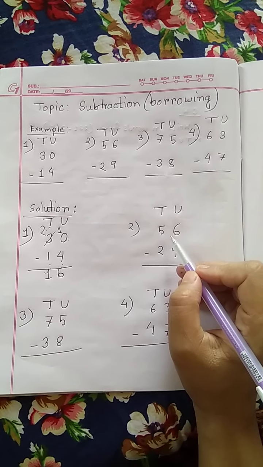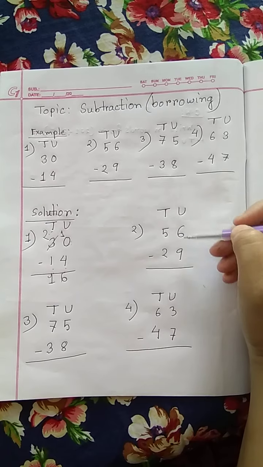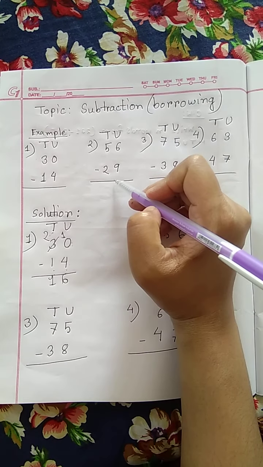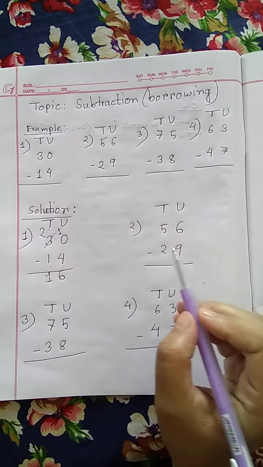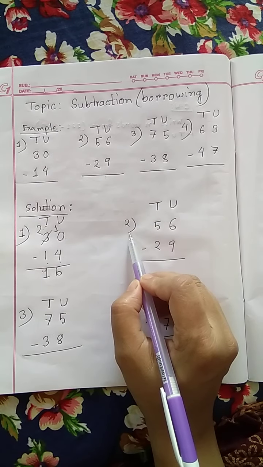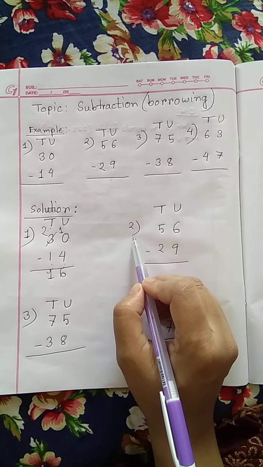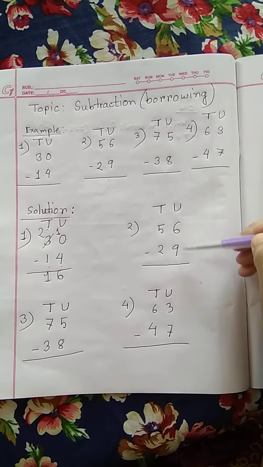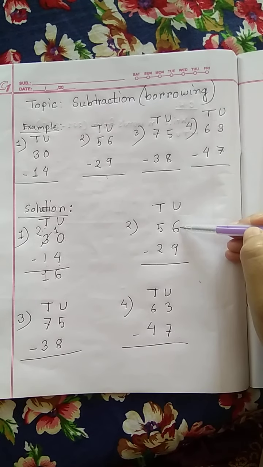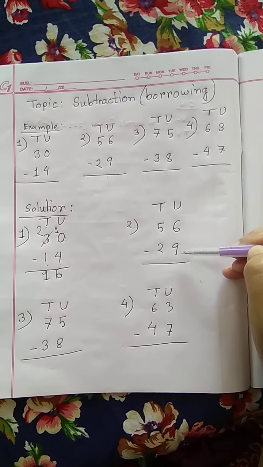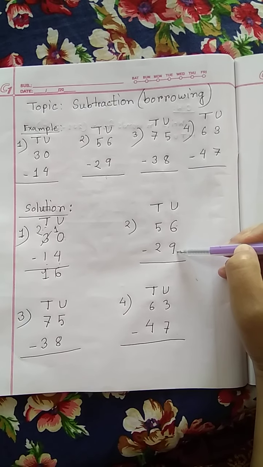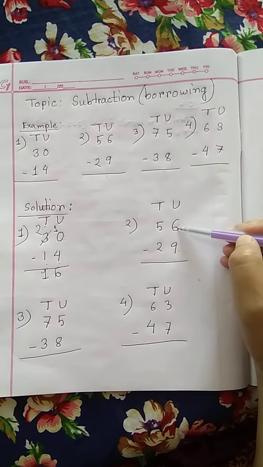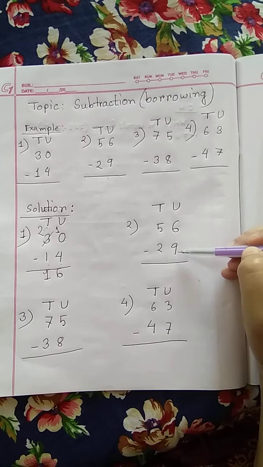Here is again the same math I have copied from here, number 2. Okay, let's do it. First, the units part. See, here is 6 and here is 9, right? 6 is smaller than 9.